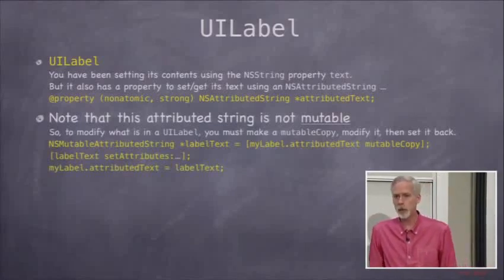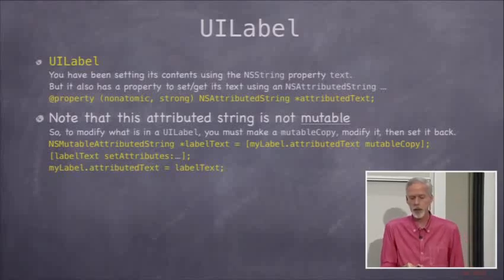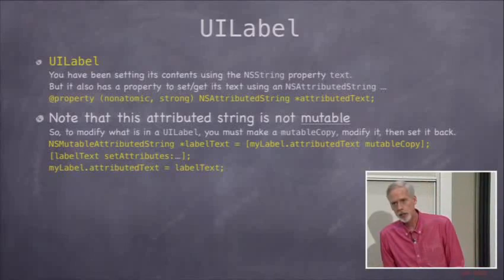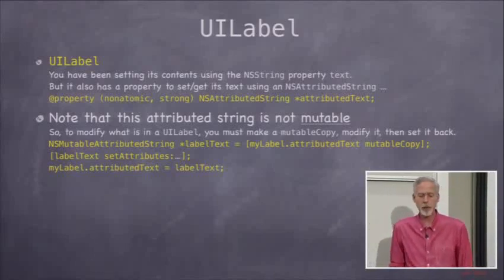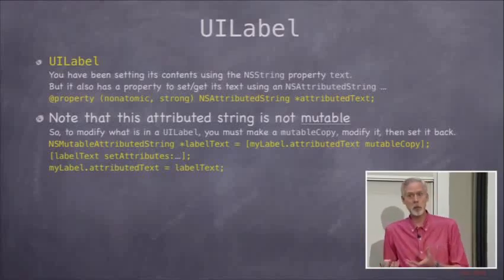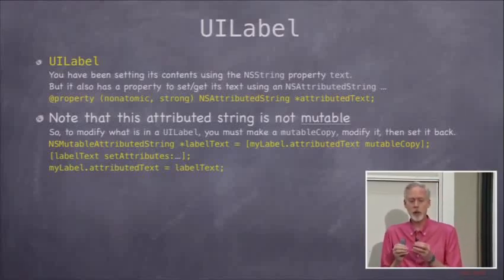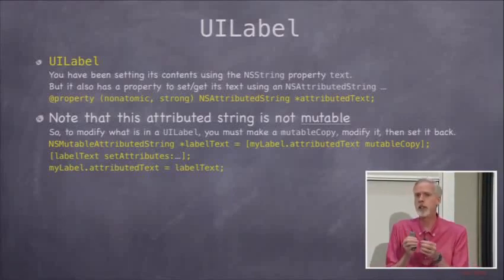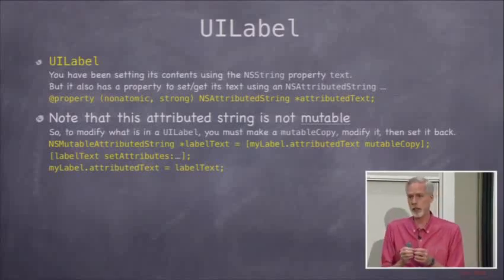Okay, it's immutable. That property, you see, it's not an NSMutableAttributedString. It's an NSAttributedString. So if you want to change the attributed text that's on a UILabel, you have to get the label's text, make a mutable copy of it, modify it however you want, and put it back. Okay, that's if you have an existing label and you want to make it be blue instead of green or something like that.